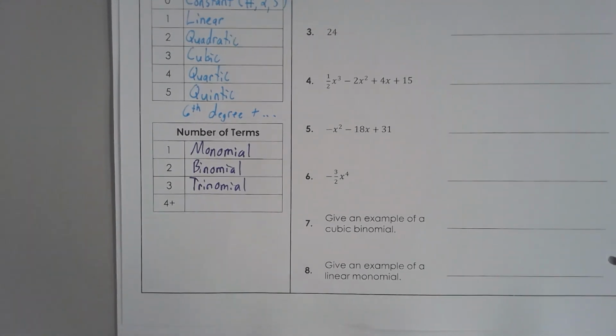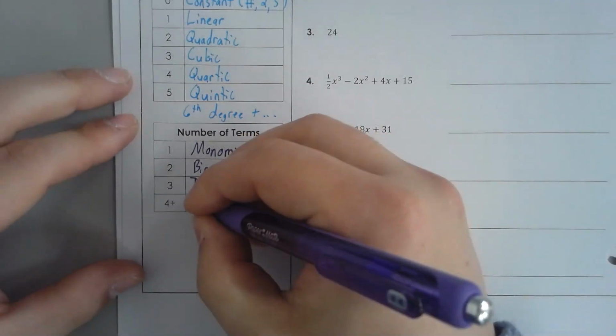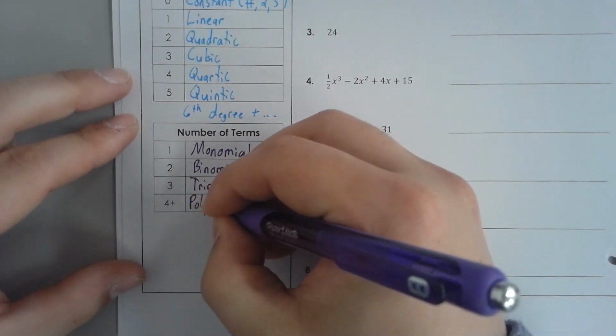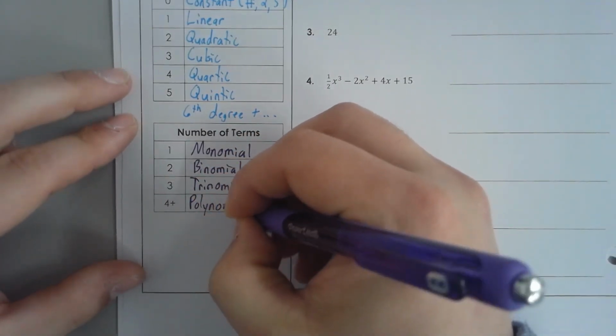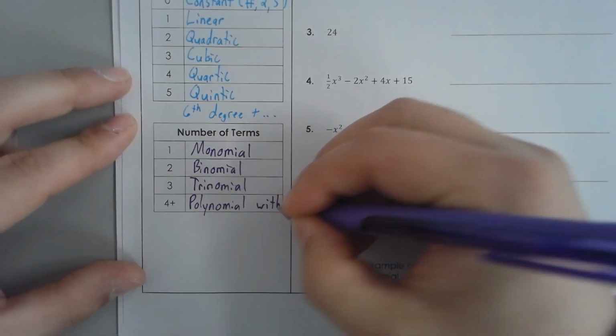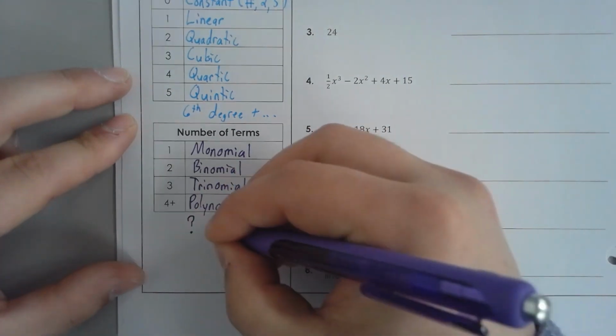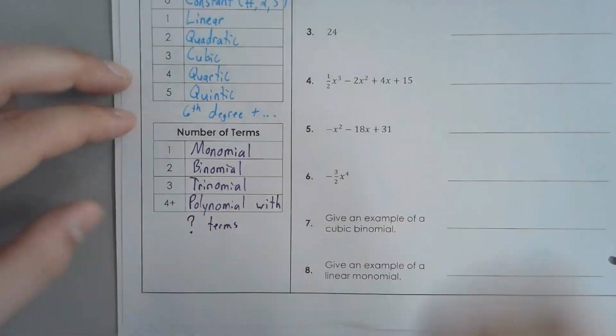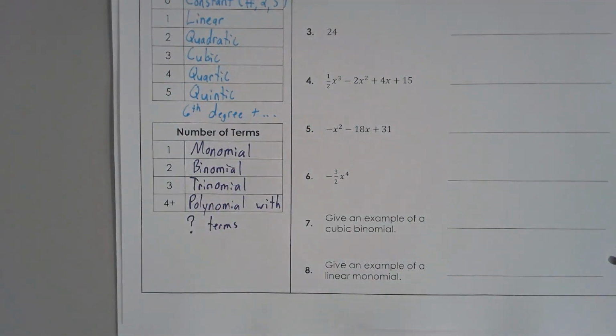And if it's 4 or more, it's kind of basic. We just put polynomial. Poly is many. So you put polynomial with blank terms. If it's 4 terms, you would say polynomial with 4 terms. If it had 6 terms, you'd say a polynomial with 6 terms.